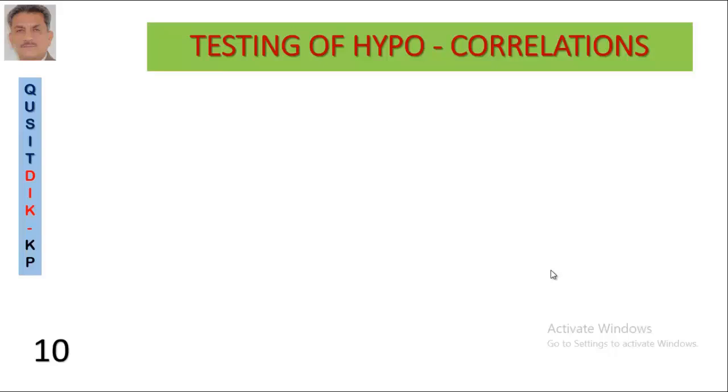So mostly the first hypothesis is always about the correlations. Now correlation refers to the association of independent variables with the test variable or dependent variable. It is not about the cause and effect computation. It is rather just the existence of the relationship between the independent variable or variables with the test variable.